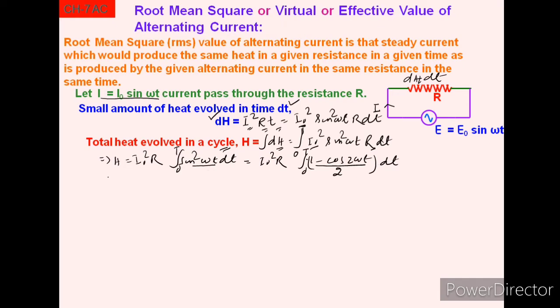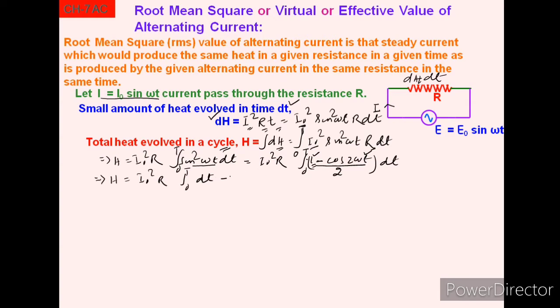Now when we integrate this, what will we get? This implies H is equal to, it involves two terms, so we'll find the integration separately. First let's find the integration of the first term. That is equal to I naught square R, then integration of 1, which can be written as dt, then minus the integration of the second term.